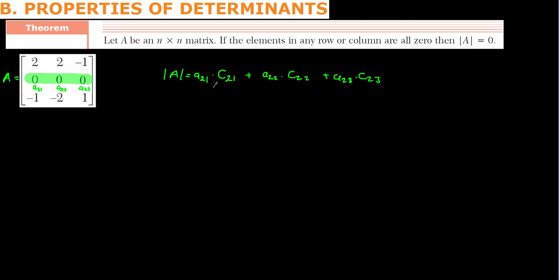This is the cofactor expansion of the matrix, and this is the method we use to find the determinant.